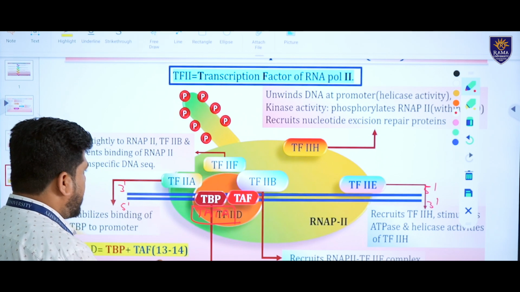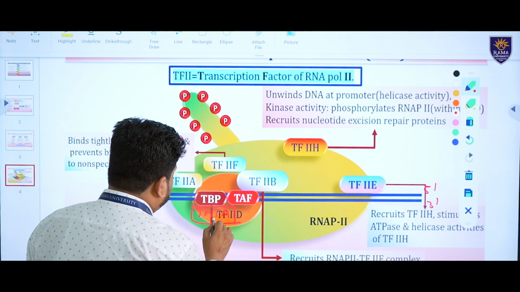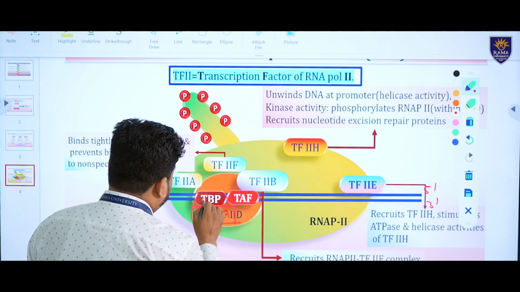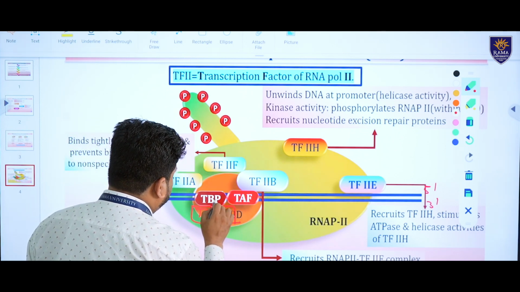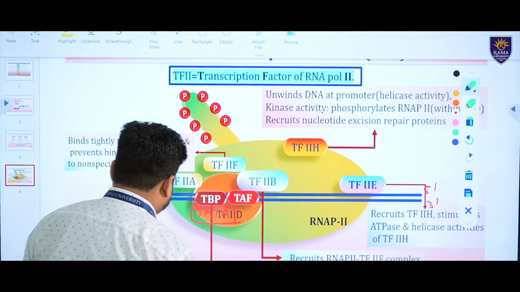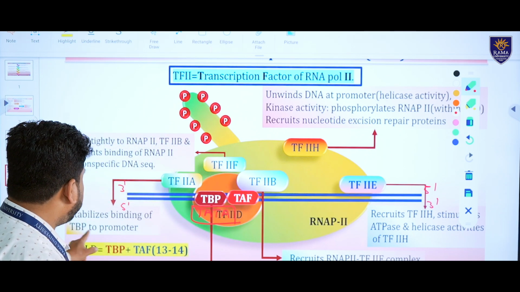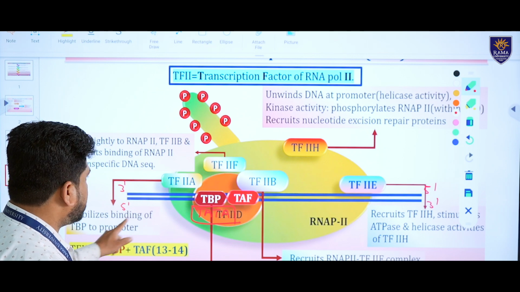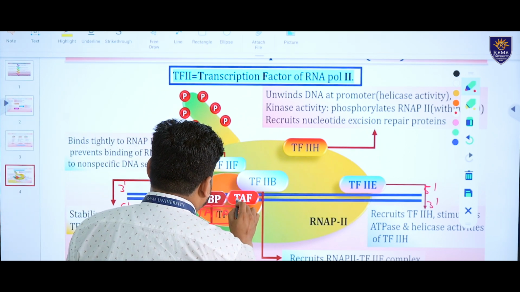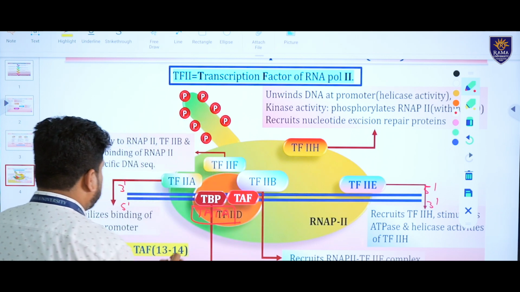After recognizing the promoters, the transcription binding proteins associate with these factors, help to bind the promoters, and stabilize the TBP, the transcription associated factors.